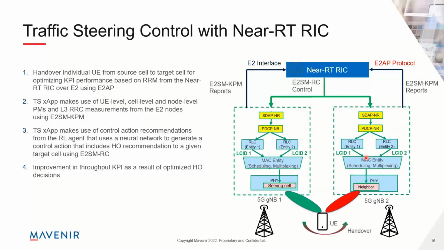The other function that I haven't mentioned here could be either near real time or non-real time: the power saving functions. We see a lot of demand for real time as well as non-real time power saving functionalities, specifically to save as much power as possible in your network.